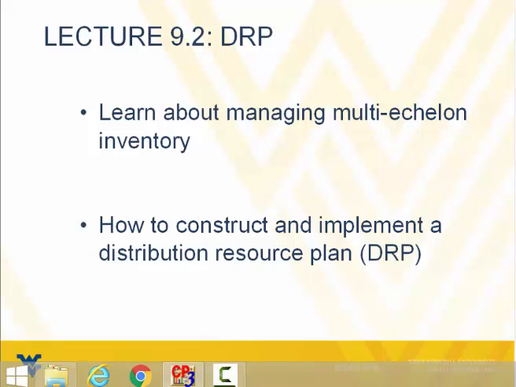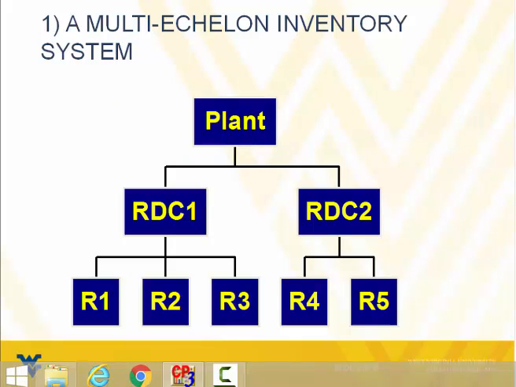Now, in order to manage inventory in a multi-echelon network, we have a heuristic we call distribution resource planning, which works very similar to a materials requirements plan, an MRP. So, you have a plant, you have regional distribution centers, and then you have retailers. There's inventory all across that system.